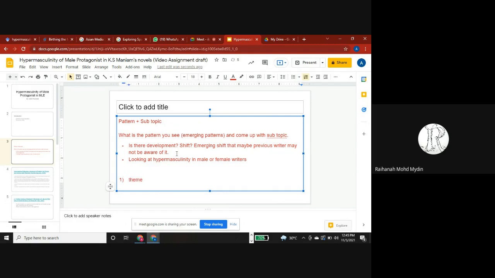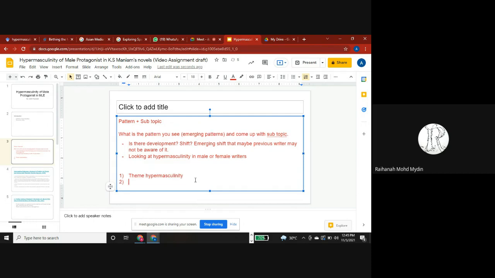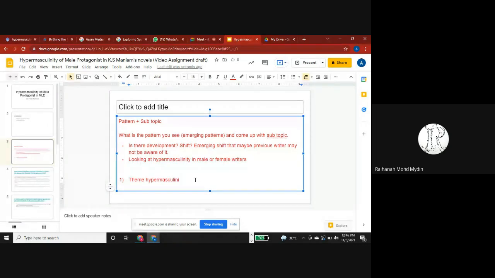Otherwise, your scope becomes too broad, too universal, and it's a bit difficult to do a proper survey if it's too broad, right? So you may say hypermasculinity in 20th century Malaysian literature in English, or in 21st century Malaysian literature in English.